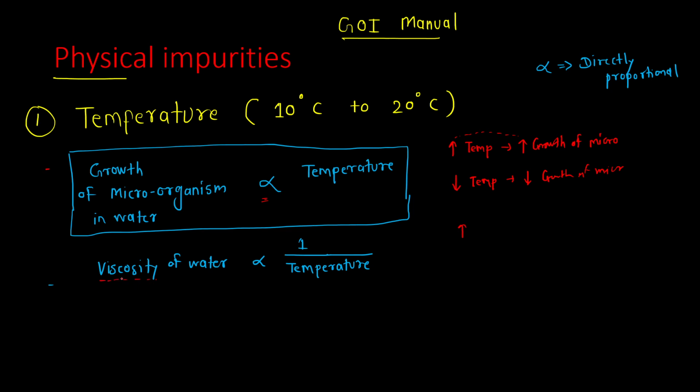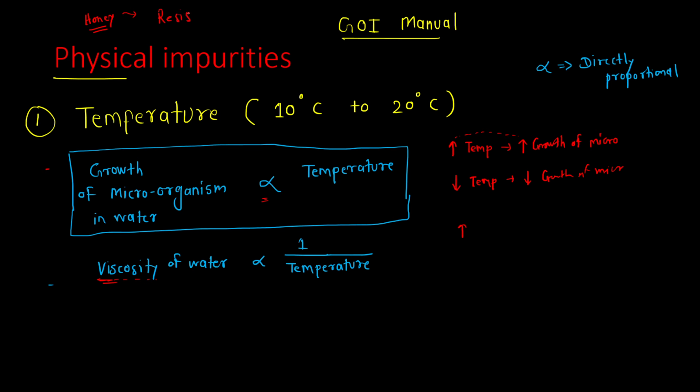Whenever this term viscosity comes, just imagine honey. The characteristic of honey is that it flows very slowly. If honey is dropped from somewhere, it flows very slowly compared with water. This resistance to flow is called viscosity.